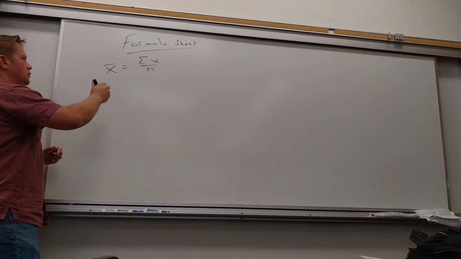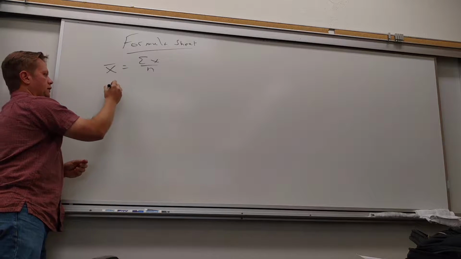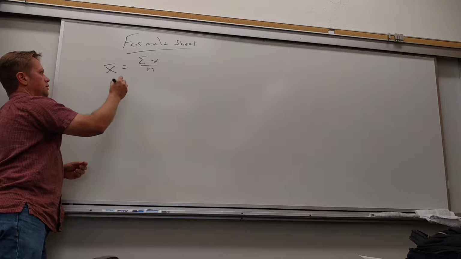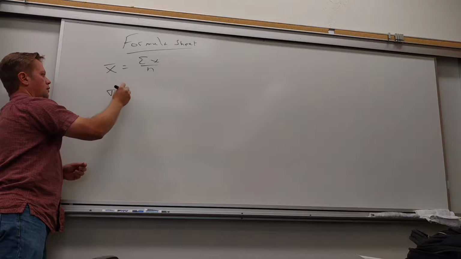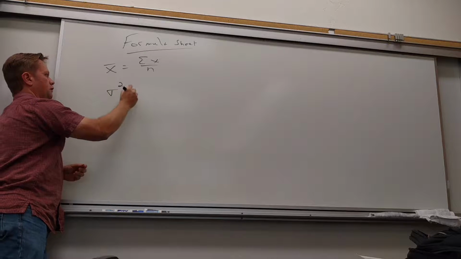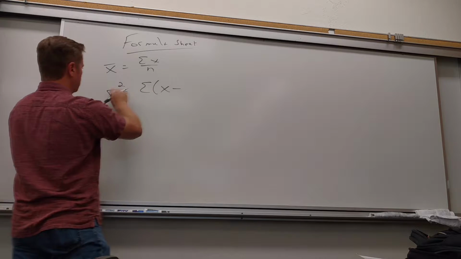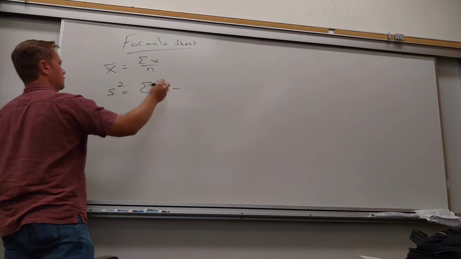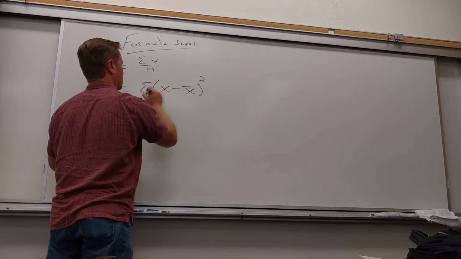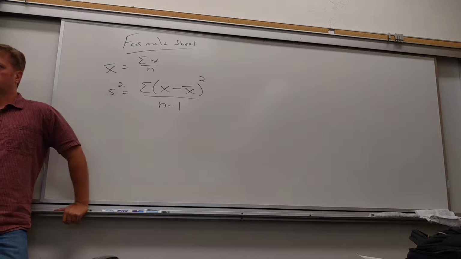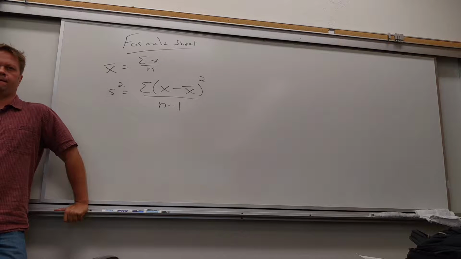Let me see. So we got this guy, and then we have the formula for the variance. Let's see, actually, we'll put the variance formula down here. Remember this guy here? Let's put S. Hopefully that looks familiar.